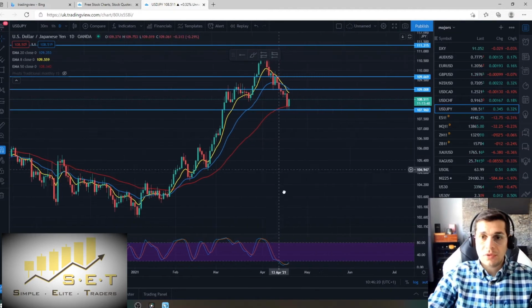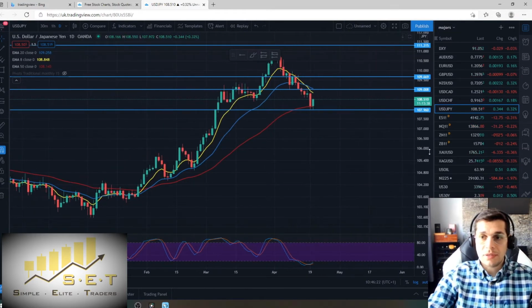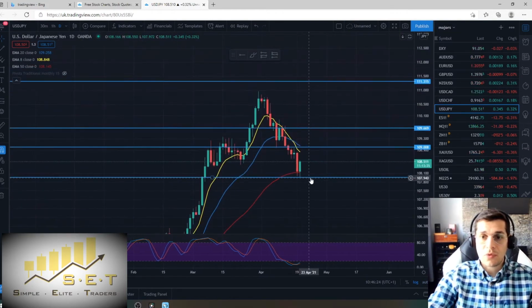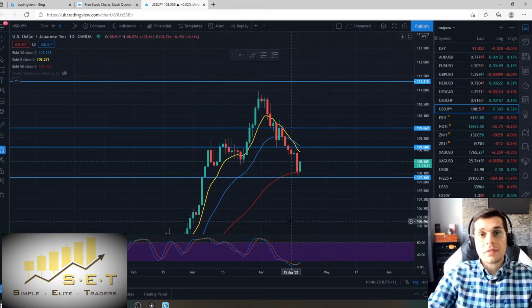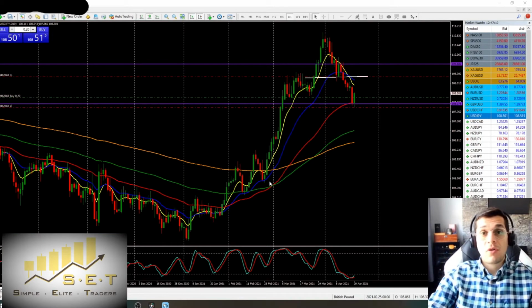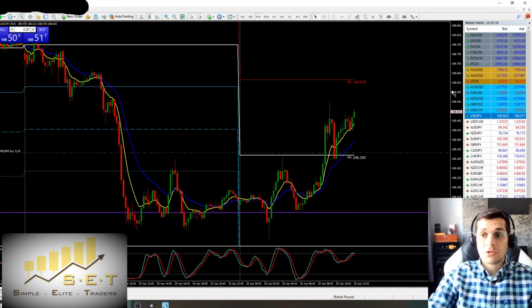you can see today price action is rejecting this support level. So I'll show you my entrance on the Dollar Yen. This is the daily time frame of Dollar Yen. You see I have the level here, and my entrance was on a lower time frame, the 15 minutes chart.